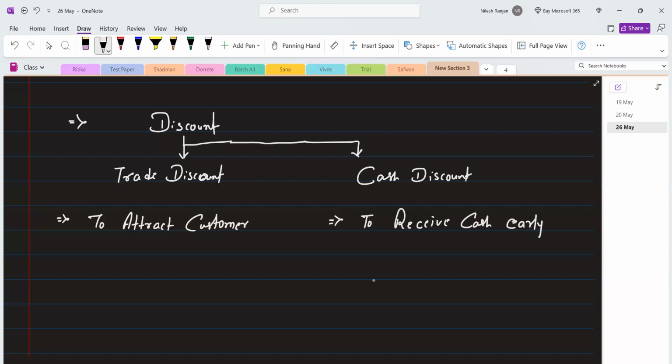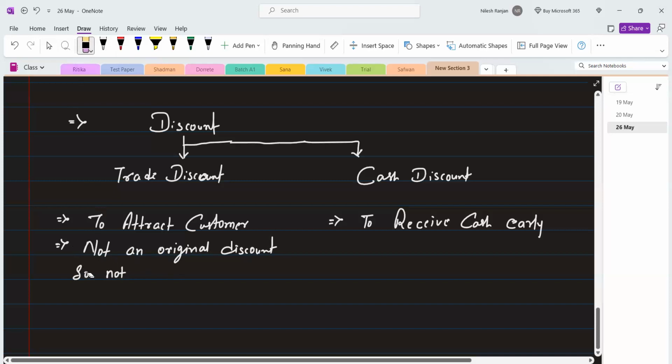Now, the second thing, trade discount is not an original discount. So that's why it is not recorded in the books.